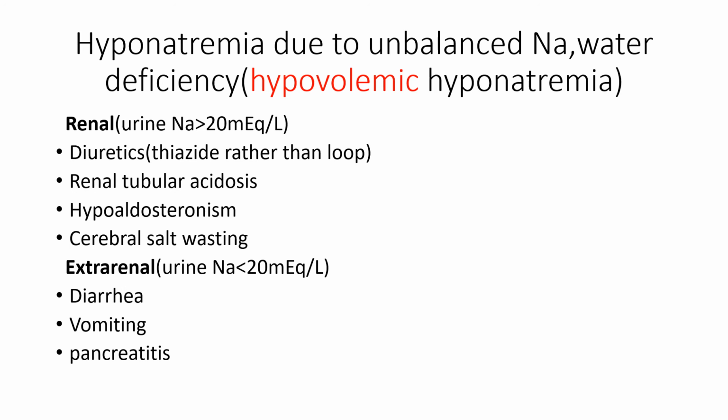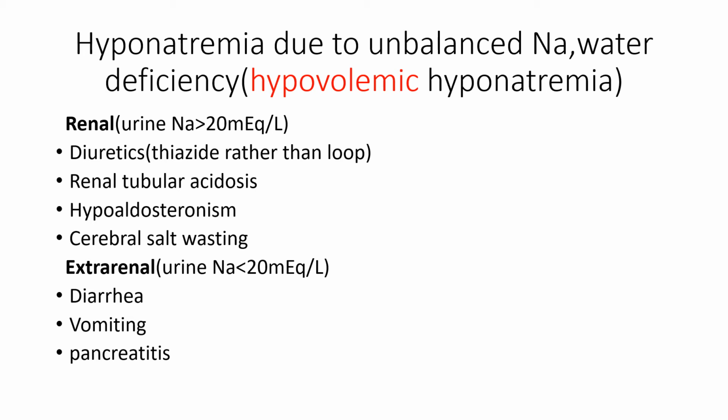Finally, hyponatremia due to unbalanced sodium and water deficiency, and this is called hypovolemic hyponatremia, either renal or extra-renal. The renal, in which urine sodium is more than 20 milliequivalent per liter, follows diuretics. Interestingly, it follows thiazide rather than loop diuretics.